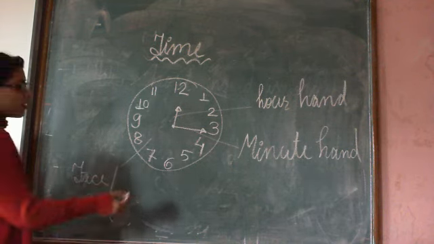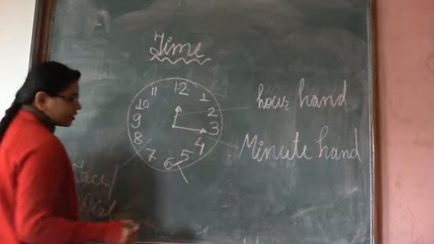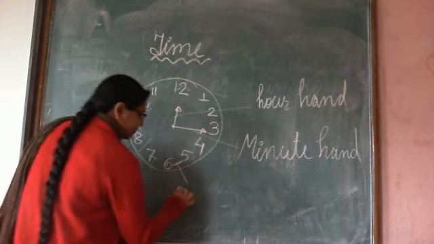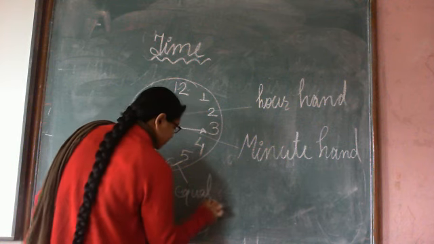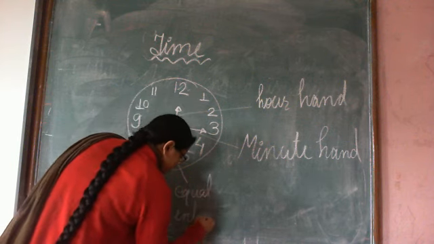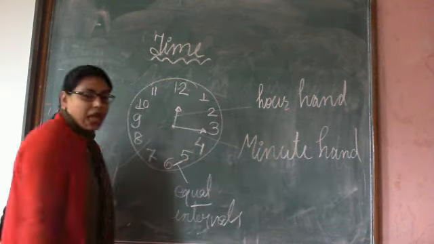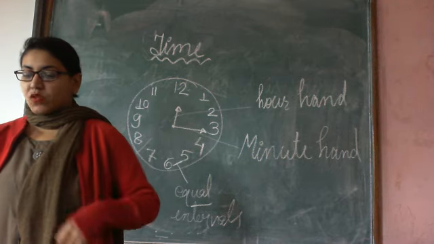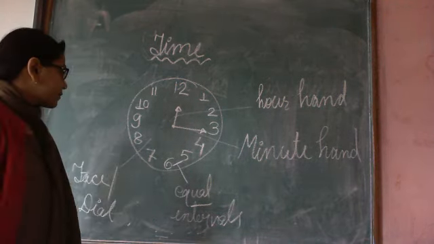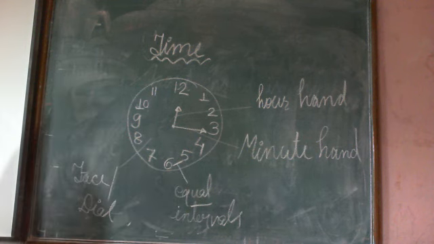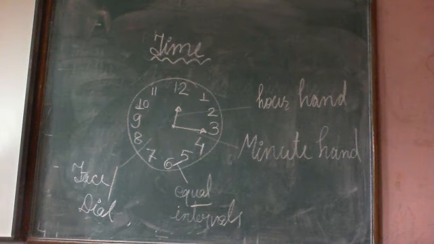And the interval between any two numbers is equal. Equal intervals are there. Okay, students? So write down this much. Make this diagram and label the 2 hands, the face or dial, and the equal intervals.